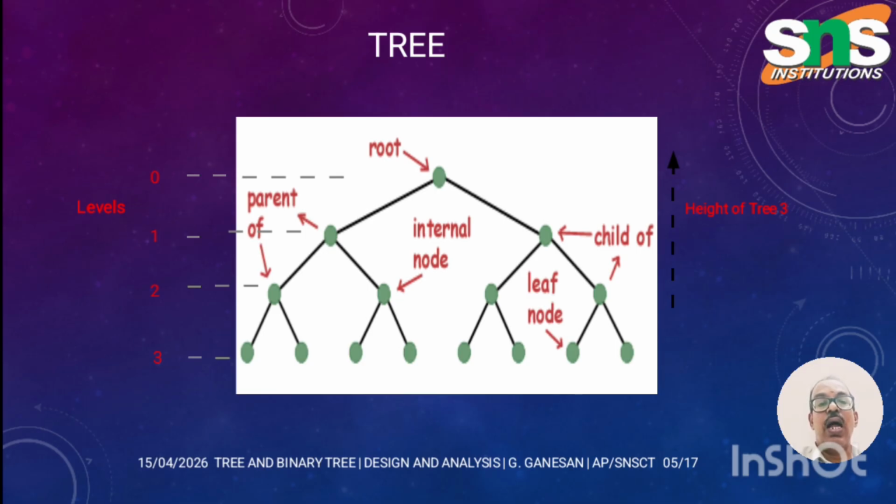The root node has two children and each child has two more children. Likewise all the children have a maximum of two children. So this is called as a tree and also a binary tree. Exactly two children.